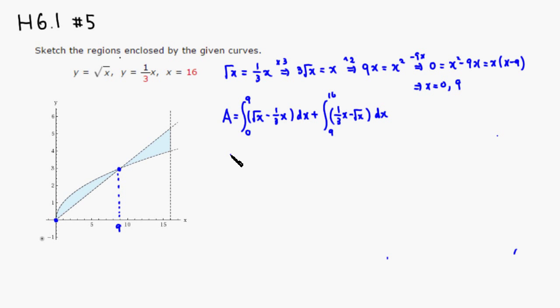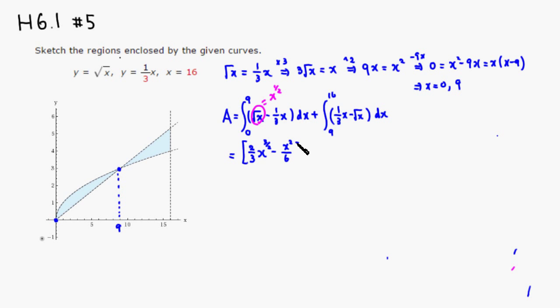If you compute that, you can rewrite this as x to the 1/2 power. The antiderivative would be x to the 3/2, adding 1 to the power, and dividing by 3/2 is equivalent to multiplying by 2/3. The antiderivative of negative x over 3 would be x squared over 2, but the 3 is already there, so it's going to be 6.